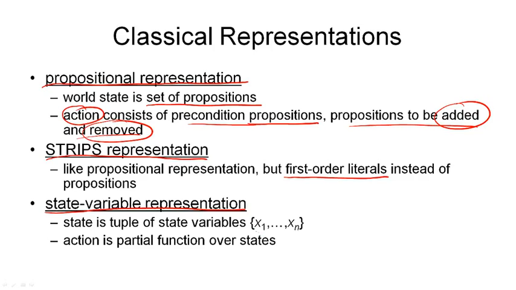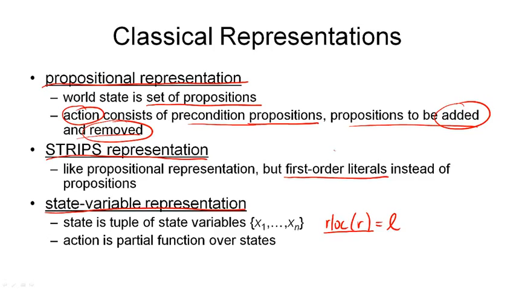A state variable is simply a variable that must have a value. It's usually described by a function. So for example, we could have a function that describes the location of the robot, rloc, that takes a robot as an argument and tells us where that robot is, at location l. The advantage of this representation is that it represents the functional property: the robot can only be at one location at any one time.